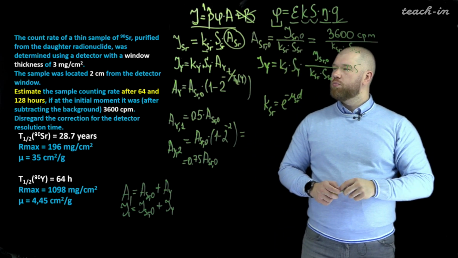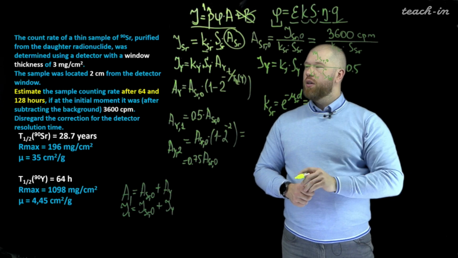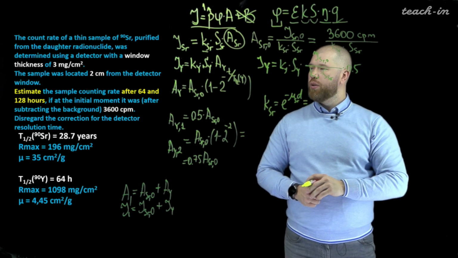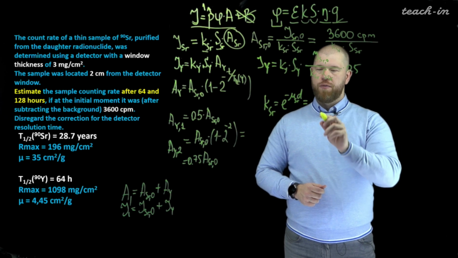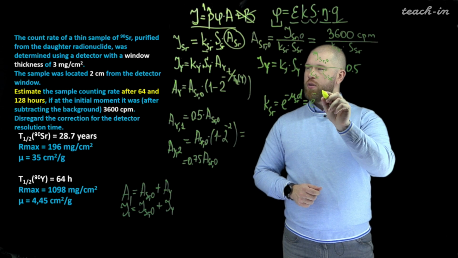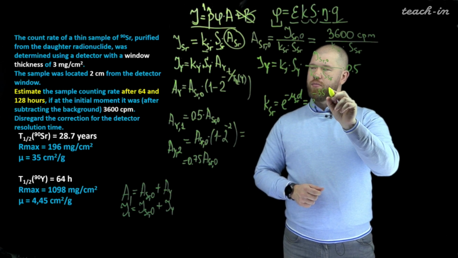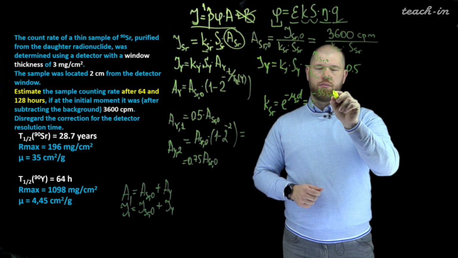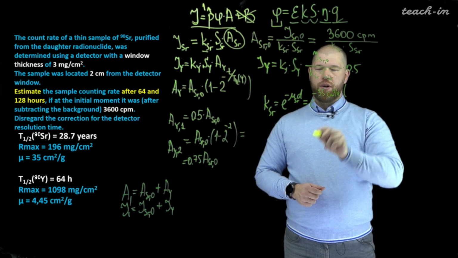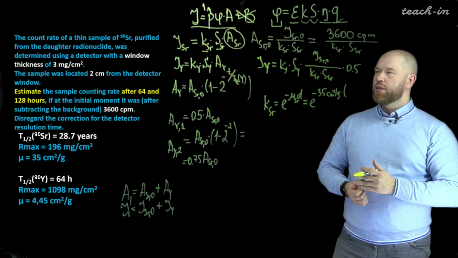We know the window thickness, we know the distance, and we know the mass attenuation coefficients. So it will be simply minus 35 centimeters per gram for strontium, multiplied by the sum of two distances.